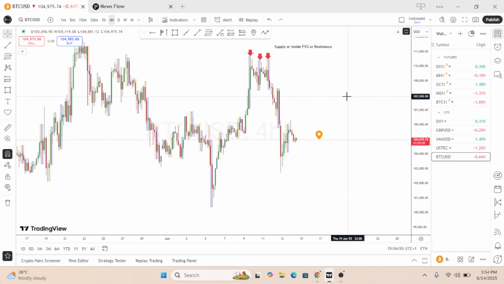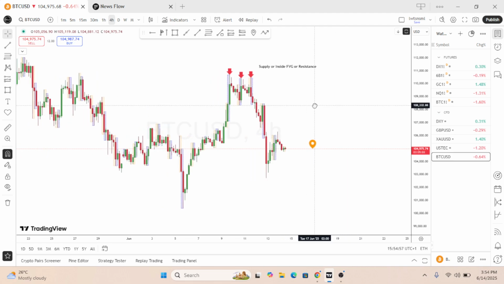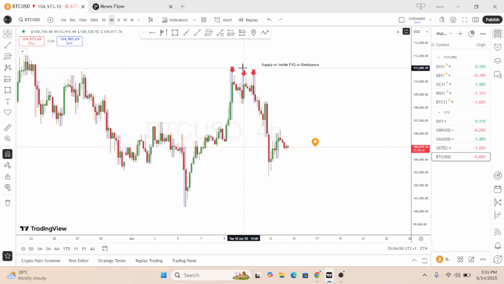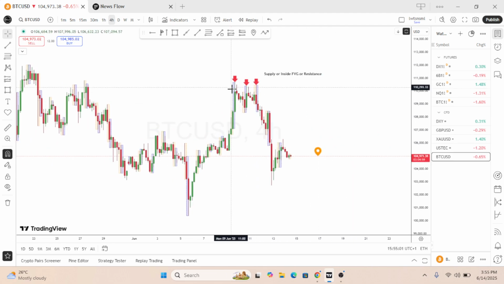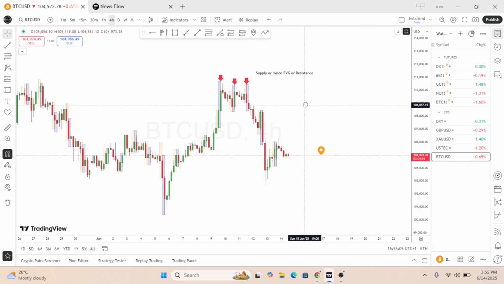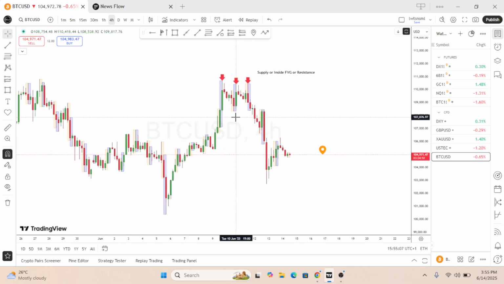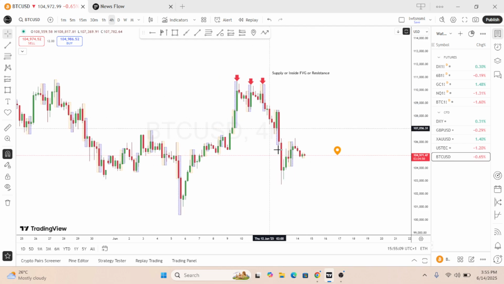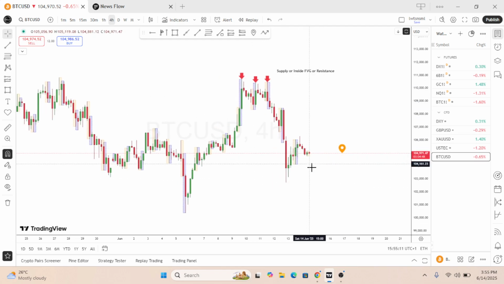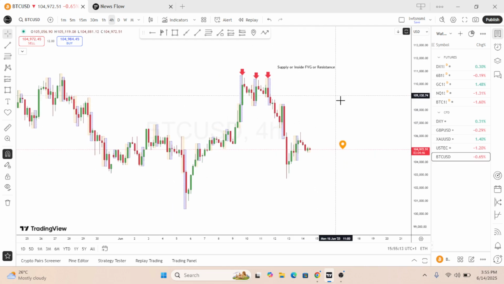Bitcoin traded downward, as we know, after a very good Monday. We had a triple top formation on the daily time frame. This is Monday, this is Tuesday, this is Wednesday, and then we had this trade downward. And since then we have been trading downward.